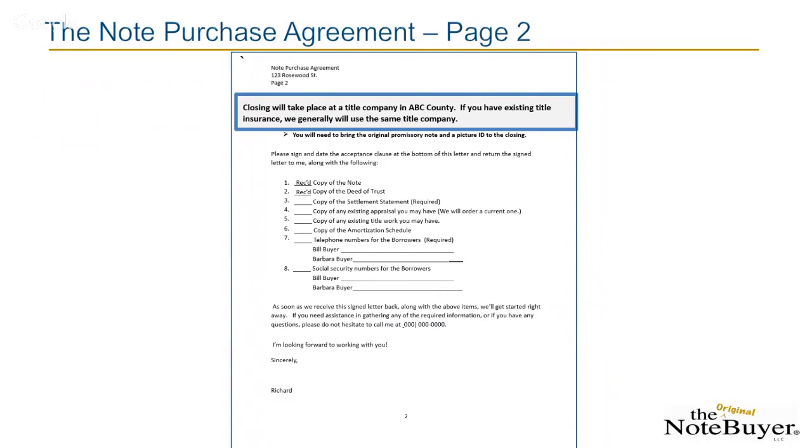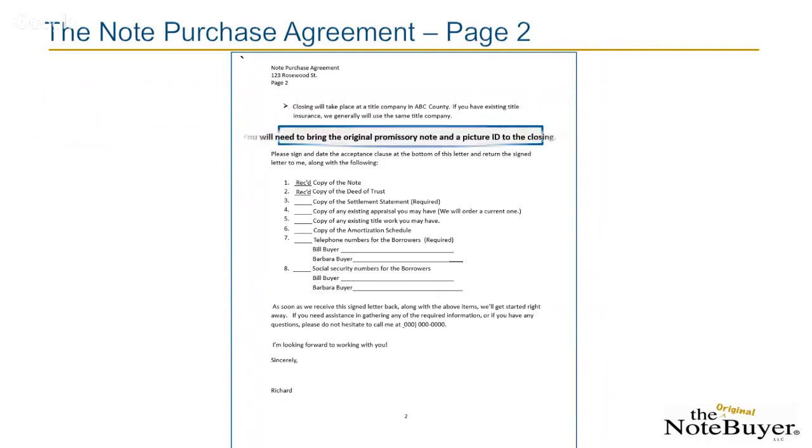Even if they don't have title work, if it's fairly recent, we normally go back to the title company where the closing took place, because chances are they did run title and do title work, and it will be a lot quicker and easier and less expensive if we can reuse what work has already been done.